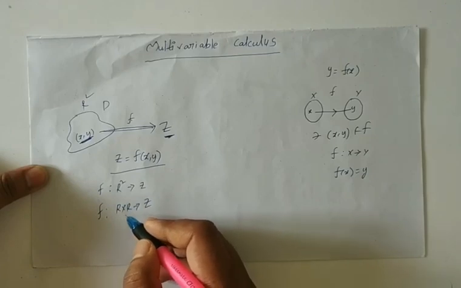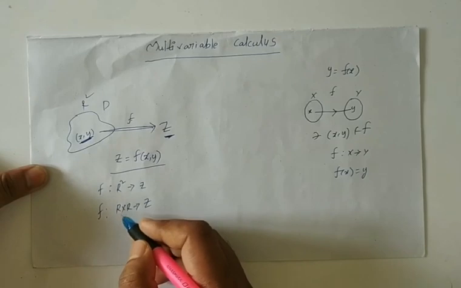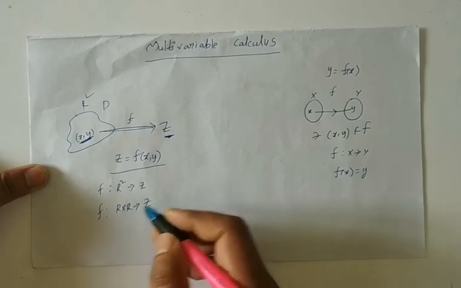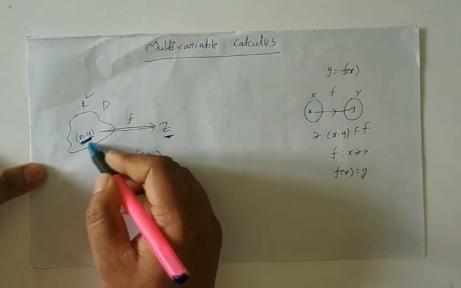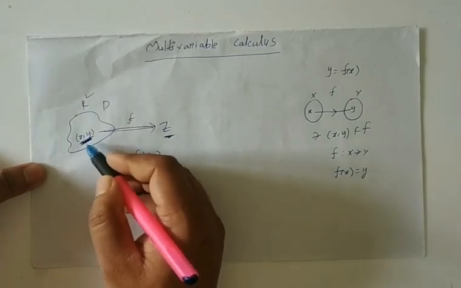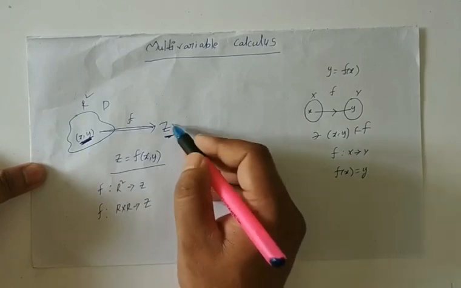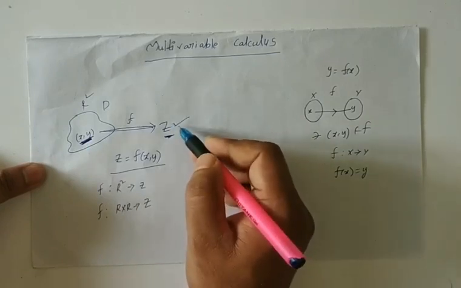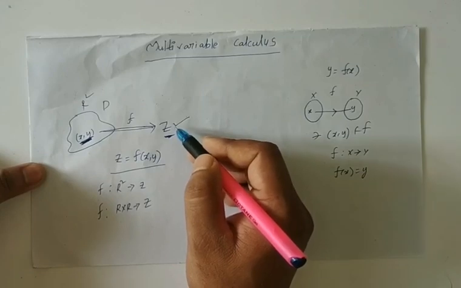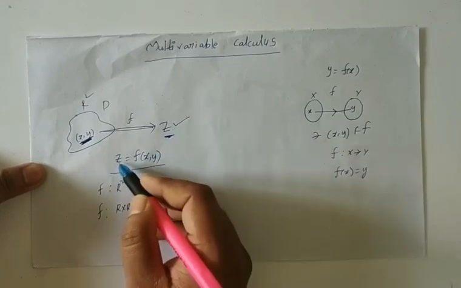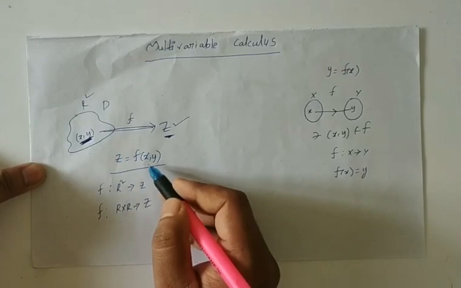In this set, we have ordered pairs. Here the variables x and y are called independent variables, and the variable z is called the dependent variable, since z depends on the variables x and y.